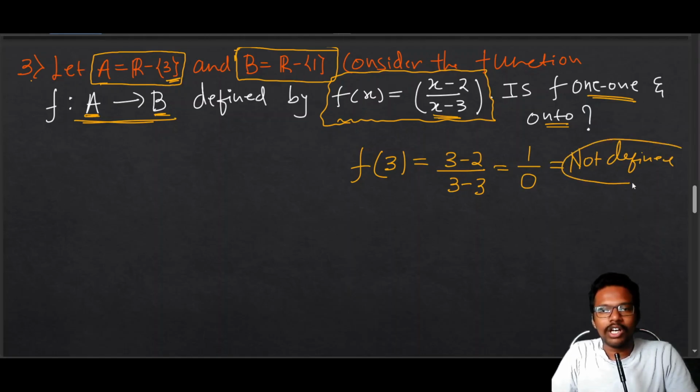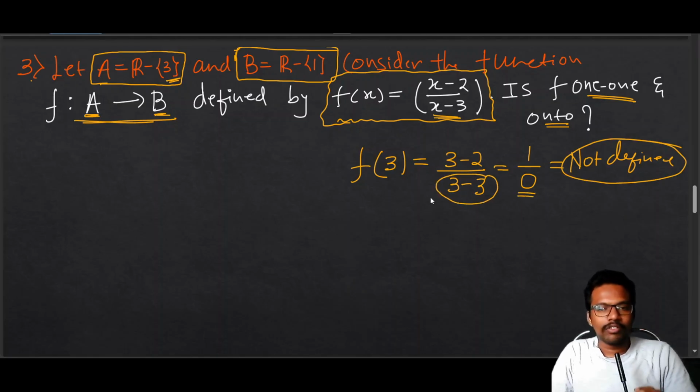We can't define a function when the denominator is 0. We already know that when the denominator becomes 0, we can't define the function. If we want to define the function, then we should not substitute 3 in the place of x, because the denominator here is x minus 3, and if you substitute 3 it becomes 3 minus 3, which is 0.